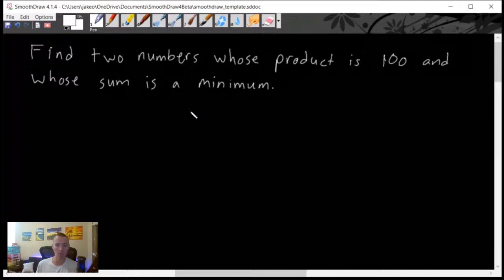That's what makes them optimization problems: we're trying to optimize how we create a shape or path, through a river or something like that, or a combination of 2 numbers that has the maximum or minimum of a certain condition. In this case, we want to minimize the sum of these 2 numbers that we're trying to find.